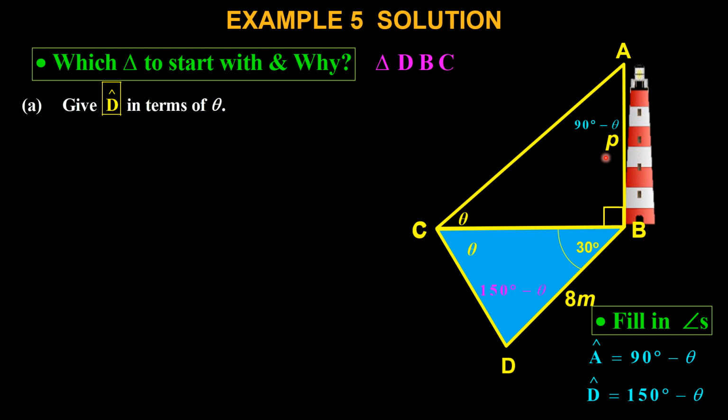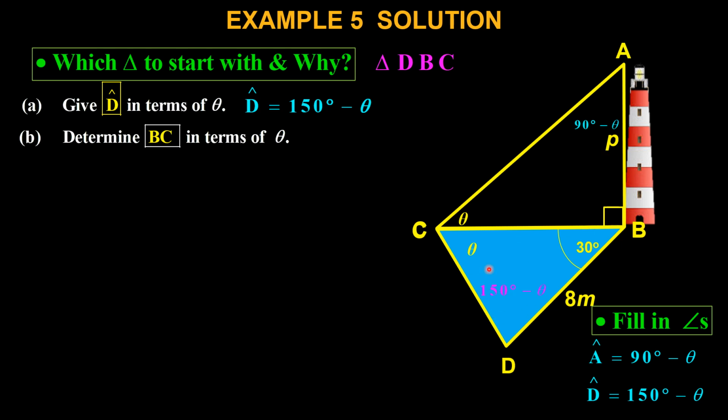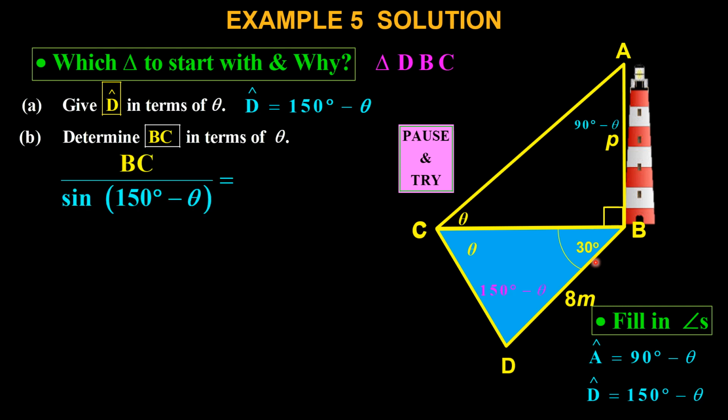The first question here, they even ask you to work out: calculate angle D, and we know it's 150 minus theta. Determine BC in terms of theta. So I want BC in terms of theta. I can't use that one, so I'll have to use triangle BCD.